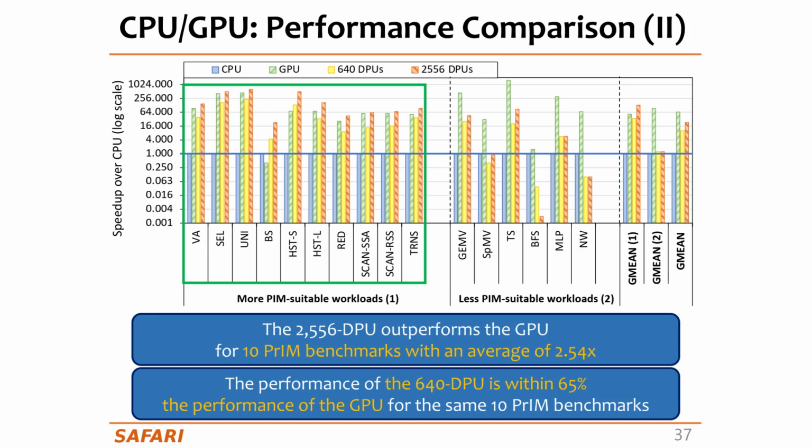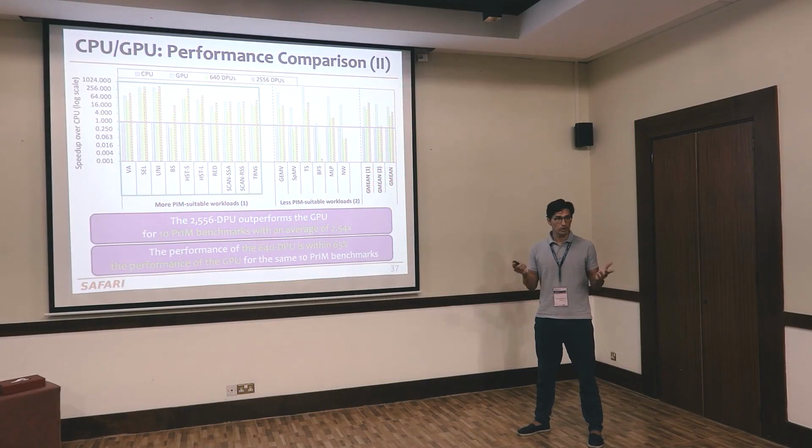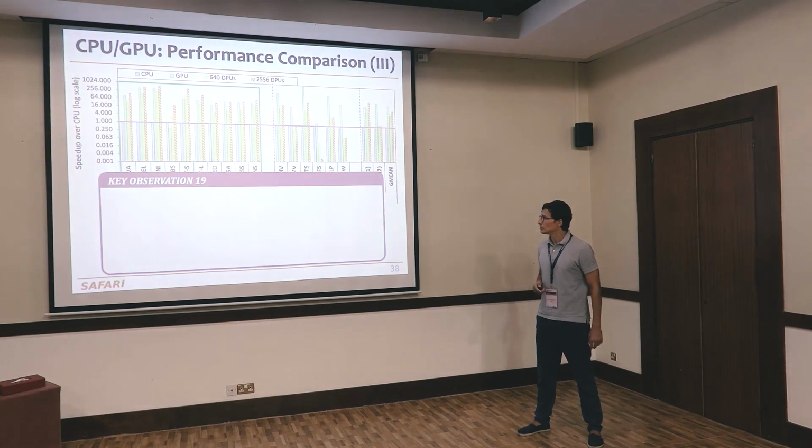So these ones here. For these 10 PIM benchmarks, we see an average performance improvement of 2.54 times with respect to the GPU. The GPU was an NVIDIA Titan V. And also for the smaller ABUMPIMP system that I think is no longer available or commercialized, we could see that the performance was within 65% of the performance of the GPU.